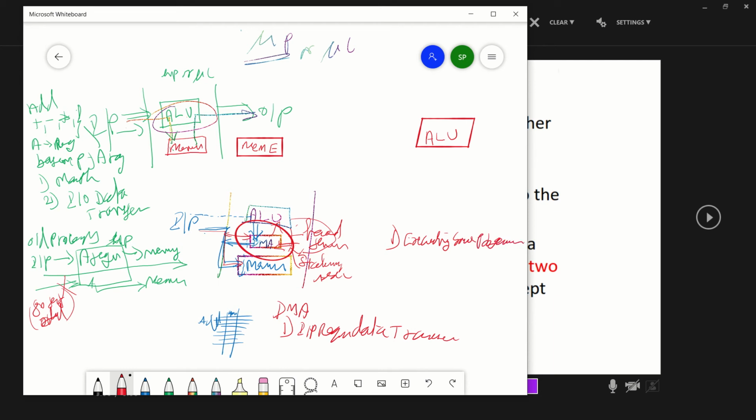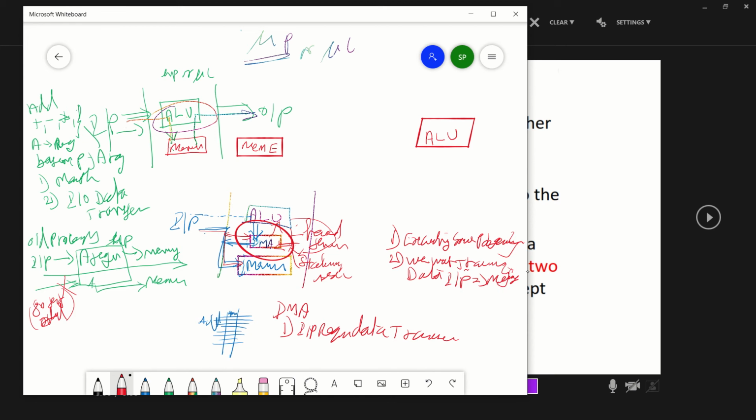During that time we want to transfer data from the IO port to memory. We would have to wait until the completion of this program, and only then could we do the data transfer.